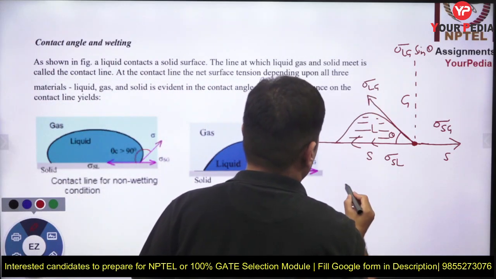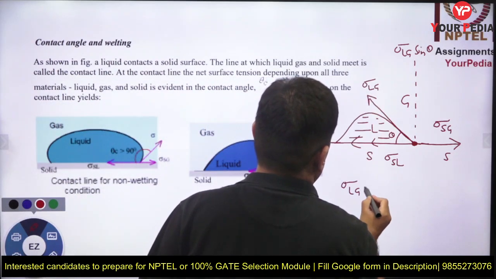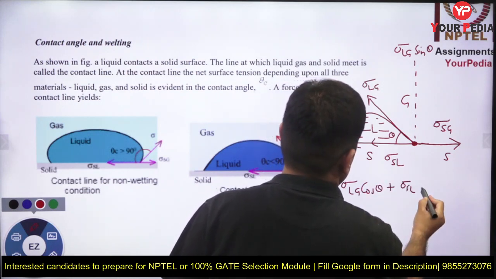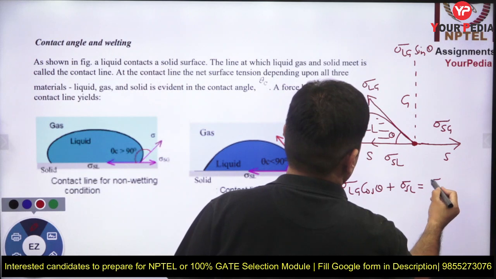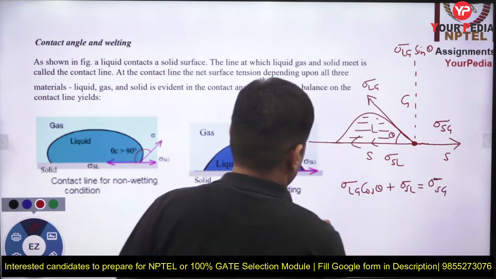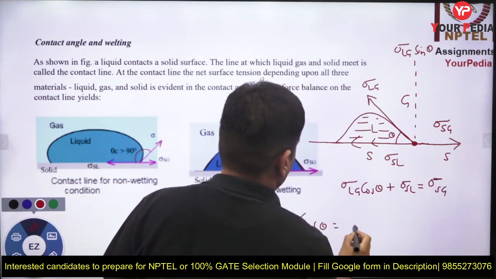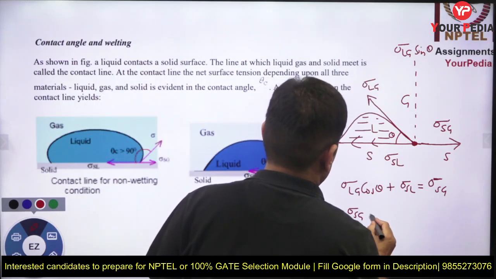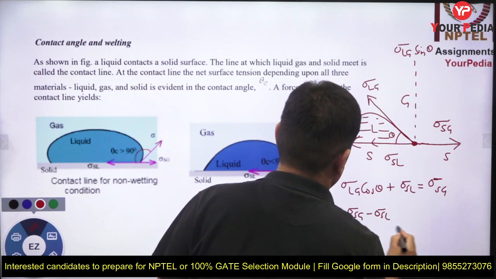And what will be the horizontal force? Sigma liquid gas cos theta plus sigma SL is equal to sigma Sg. What is cos theta? Cos theta is sigma Sg minus sigma SL over sigma Lg.